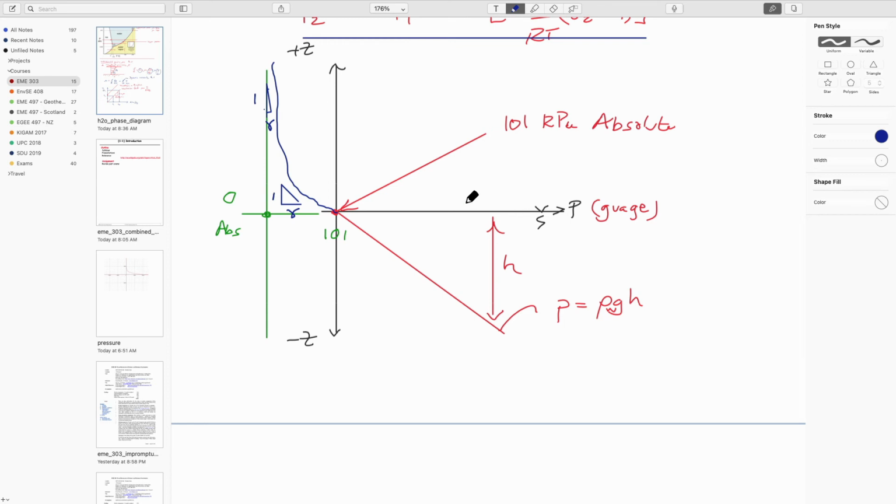The other thing that we know from last time is that if this is air, then the density is about 1.25, but close enough to 1 kilogram per meter cubed. And this is the density of water. You certainly know what that is.